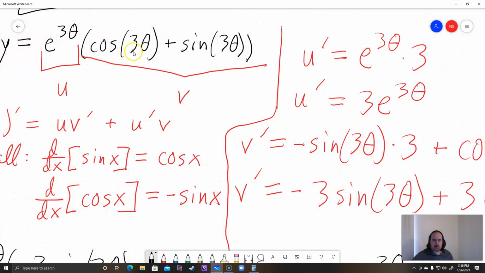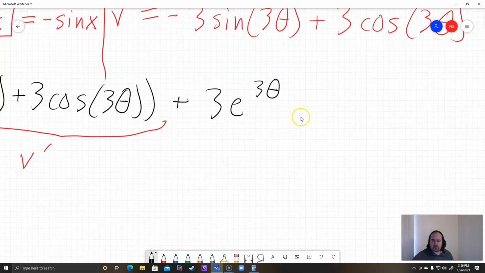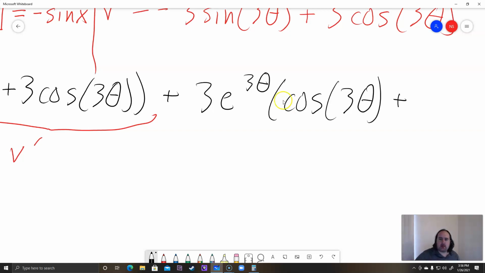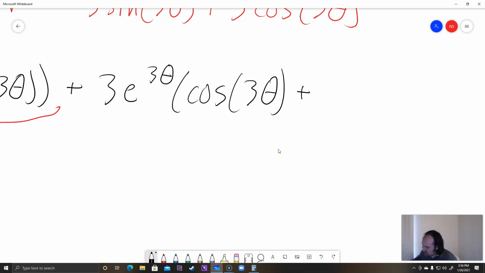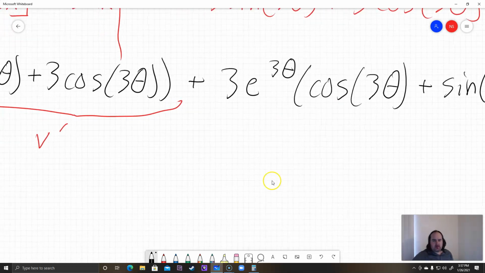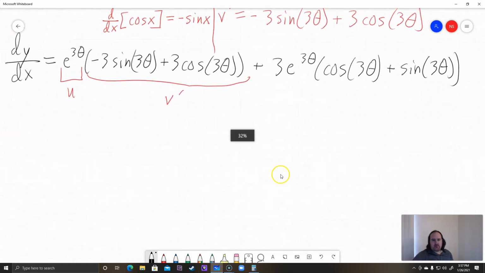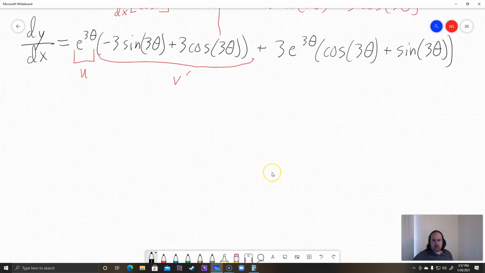And v is this whole thing, so cosine of 3 theta plus sine of 3 theta. So this whole derivative is huge. In fact, I got to zoom out so that we can see the whole thing on one screen. It might have been good if I had gone to a separate line for part of this, but hopefully you can still read it. So you've got our uv prime plus u prime v.